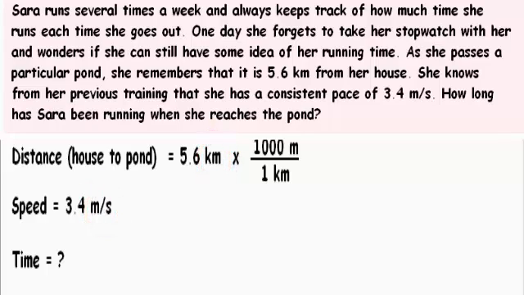We know that 1 kilometer equals 1,000 meters. Therefore, in order to convert kilometers to meters, we multiply 5.6 times 1,000 meters divided by 1 kilometer. After canceling out the kilometers, we find that the distance is 5,600 meters.